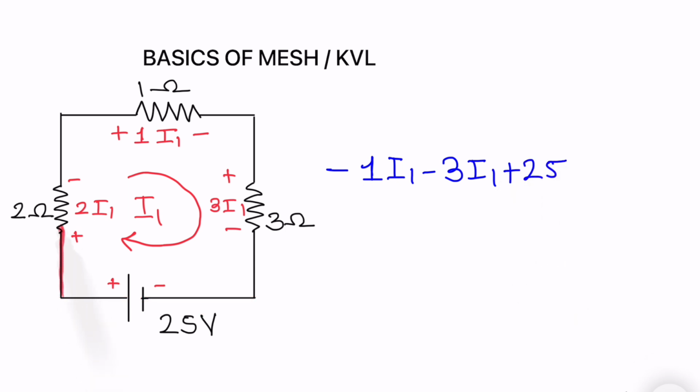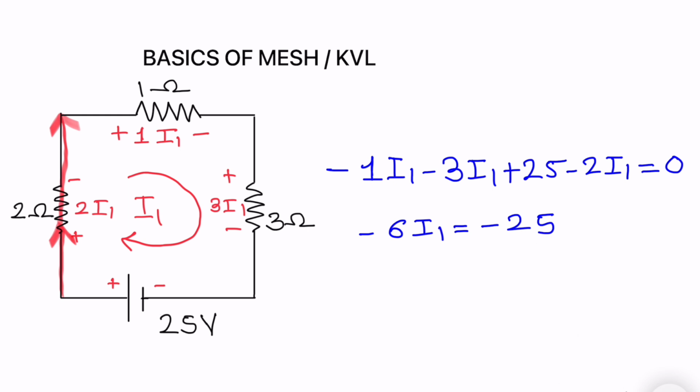Fourth element, minus 2 into I1, is equal to 0. So now you can rearrange the equation. Minus 6 I1 is equal to minus 25. So I1 is equal to 25 by 6 amperes. The direction of current will be clockwise, the same direction that you have assumed.